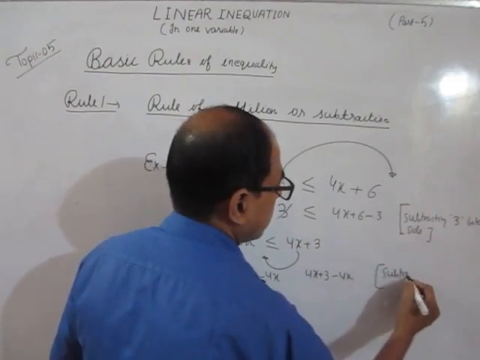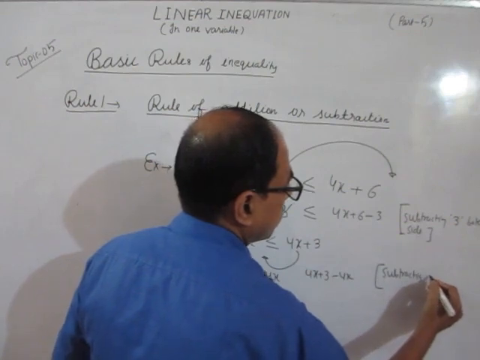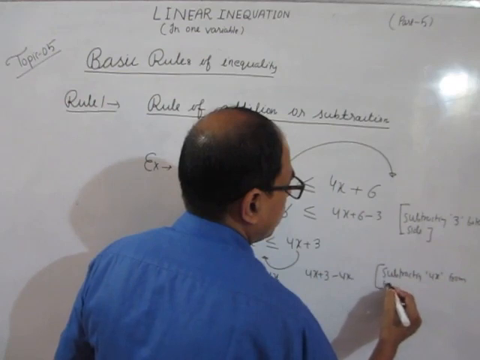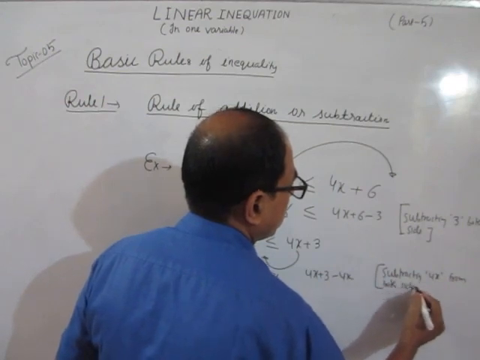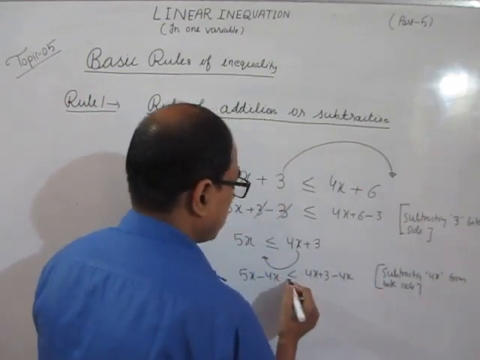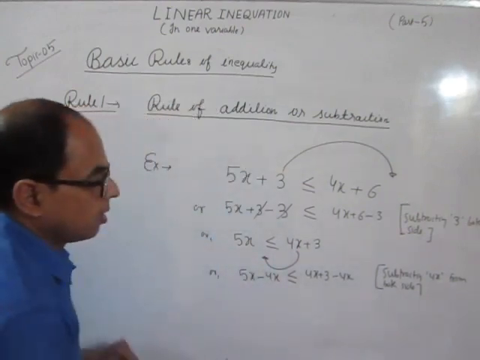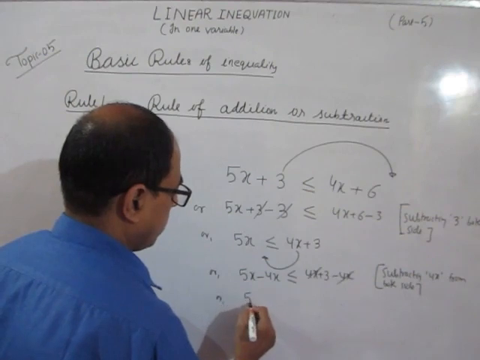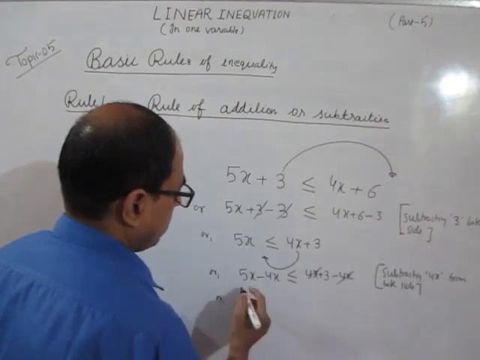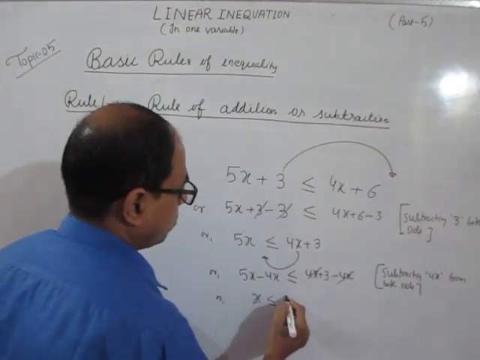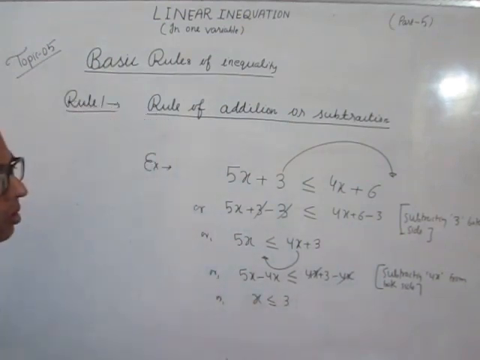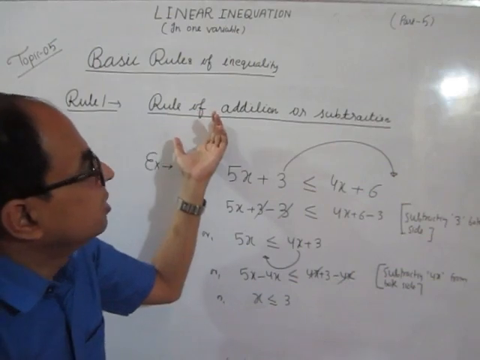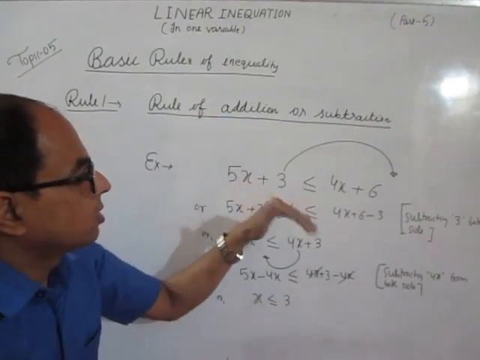Subtracting 4x from both sides. So according to the rule, the sign of inequality remains the same. Now this 4x cancels. So we are getting x less than or equal to 3. So we can see that this rule is used to transfer terms from one side to the other side.